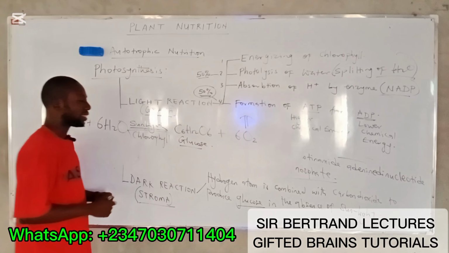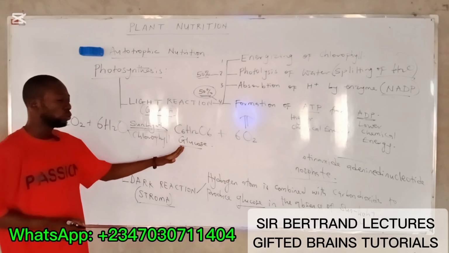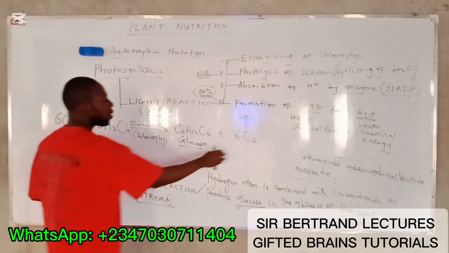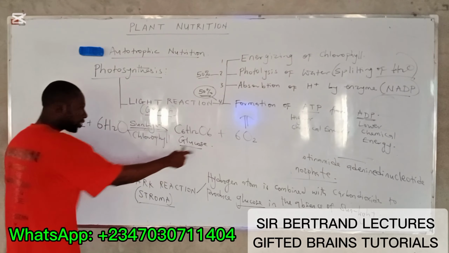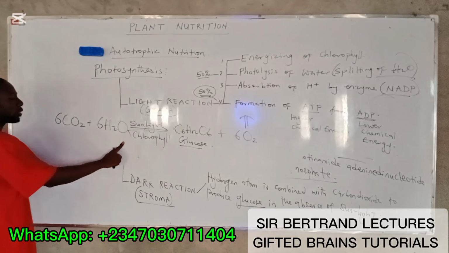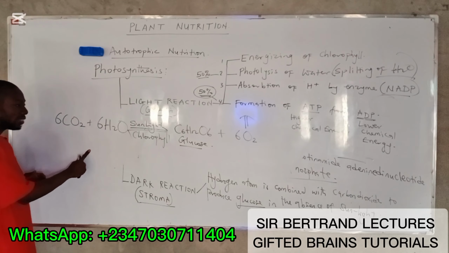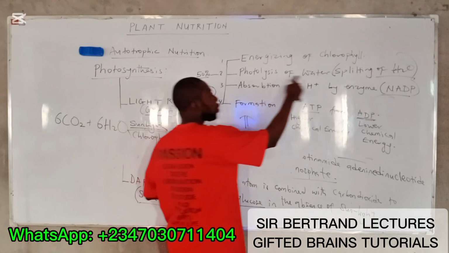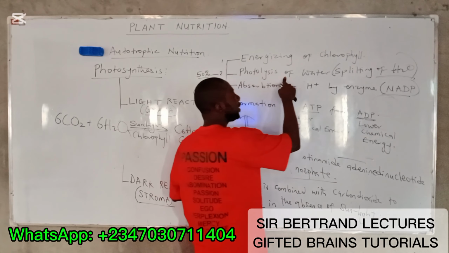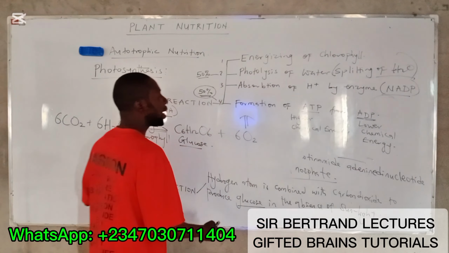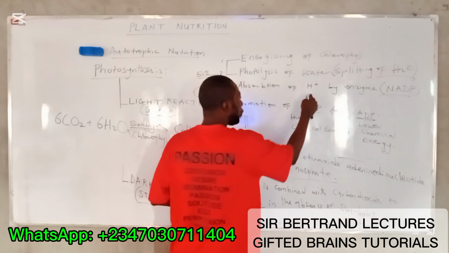Excess glucose in plants is converted to cellulose or starch. Now, oxygen is given off as a byproduct. This oxygen here is gotten from water. Remember, it is from carbon dioxide and water. All right? But because of the photolysis of water, that water is split into hydrogen ion and hydroxide ion. So that hydrogen ion will combine with this.